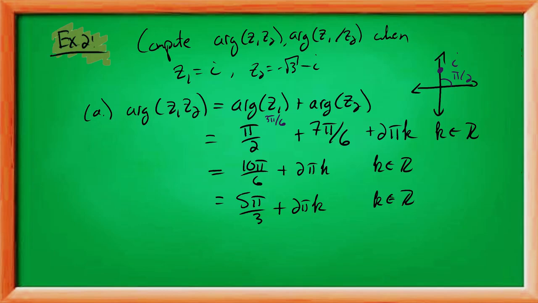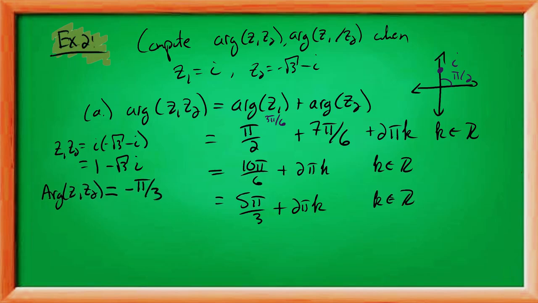Let me also point out that in this case, z1z2 is i times (square root 3 minus i). If you do this, it is 1 plus root 3 i, and if you compute the principal argument of z1z2, provided I can do things in my head appropriately, you're going to get minus π/3. Looking at the principal argument of z1, that happens to be π/2, because that's in the right range.